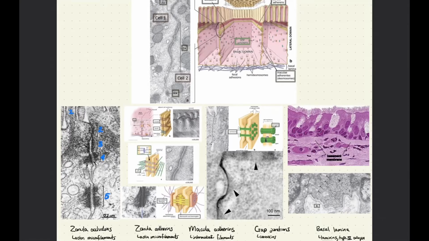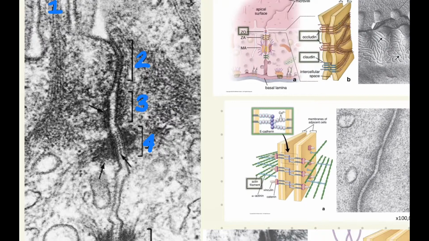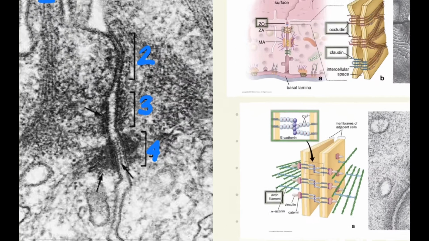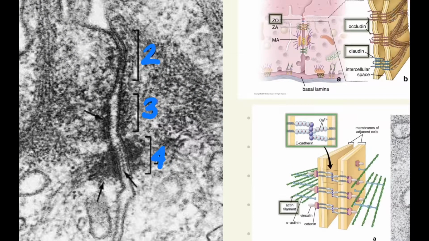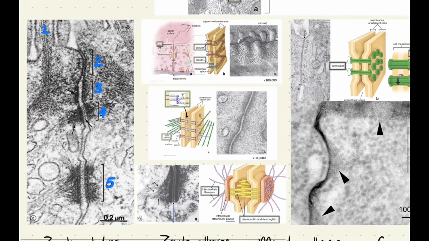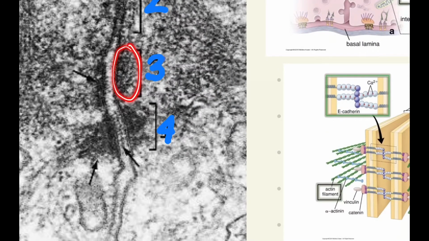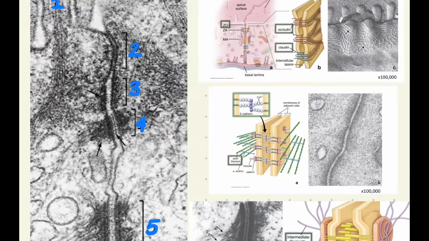Number 2 is going to be the Zonula Occludens, right? And what you can see by that is it's characterized as being just the top part, the most apical part of the cell, the epithelium. Number 3 is going to be your Zonula Adherence, and that's characterized by a very dark spot on the electron micrograph.